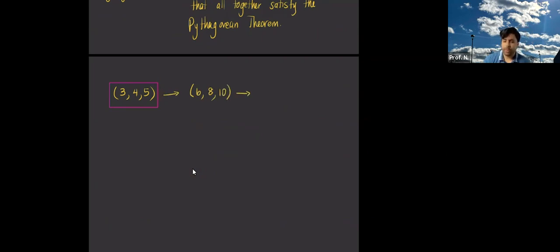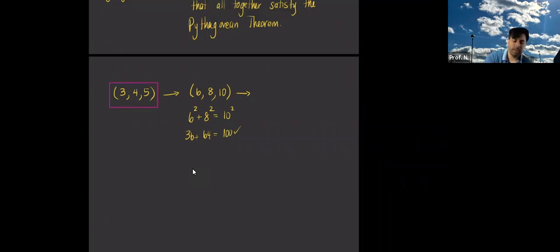Another Pythagorean triple. And you might be like, but how come? Well, if you plug it into the Pythagorean theorem, it works out. 6 squared is 36. 8 squared is 64. And 36 plus 64 does indeed give me 100. So this works as well.